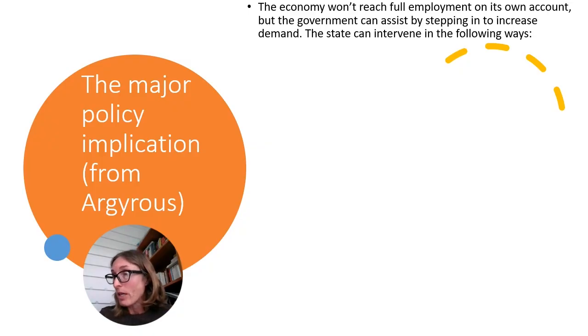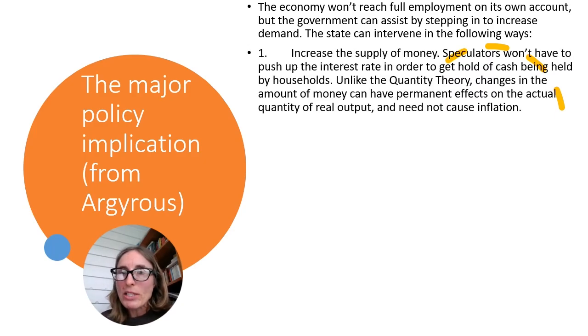So how was this done? Well, the state can intervene in the following ways. The first would be to increase the supply of money. Because, as we know, Keynes rejects the quantity theory of money. Speculators won't have to push up the interest rate in order to get hold of cash being held by households.